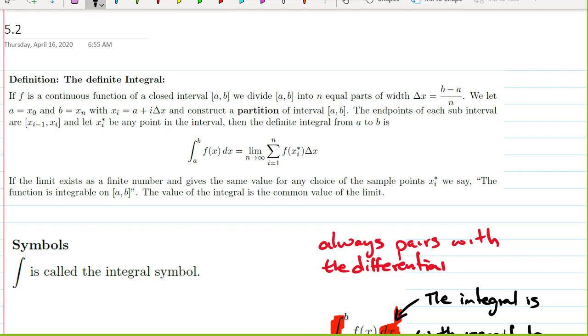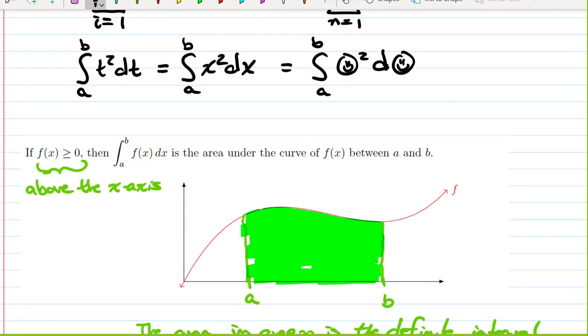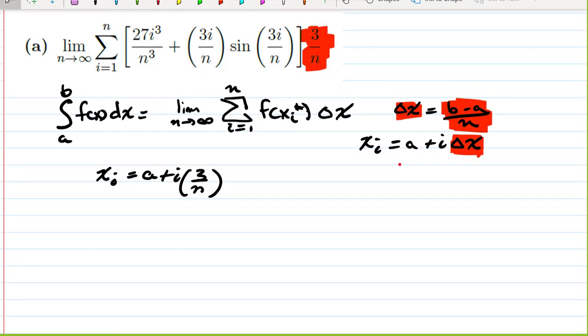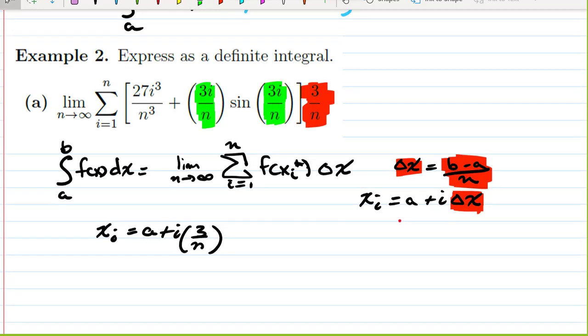every input x with x sub i star, where x sub i star was something that was inside of our function. So we notice we have a 3i over n, a 3i over n. So this looks a lot like our x value. We're going to have x, we're going to have another x.